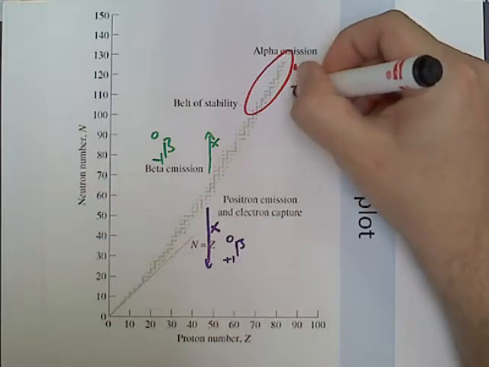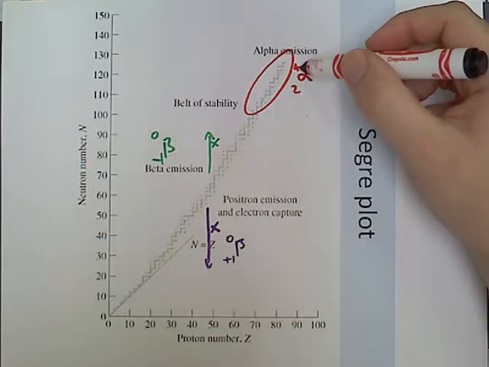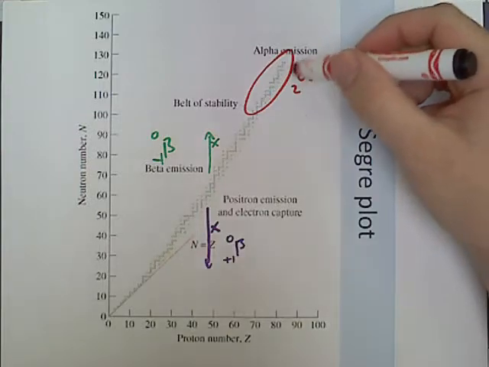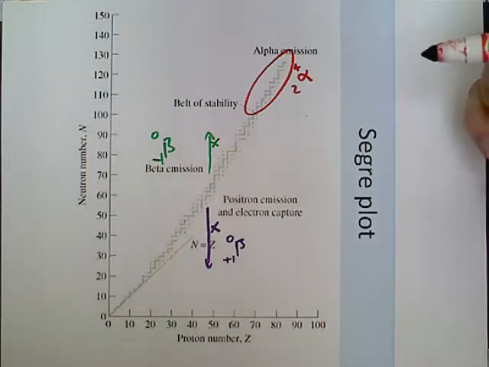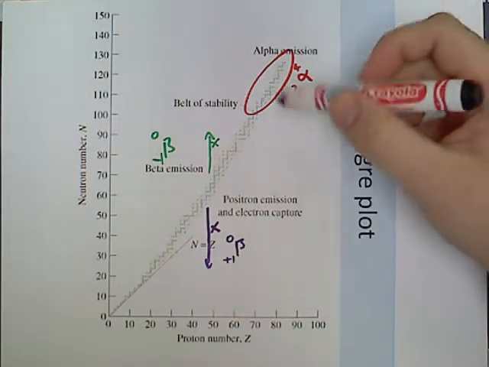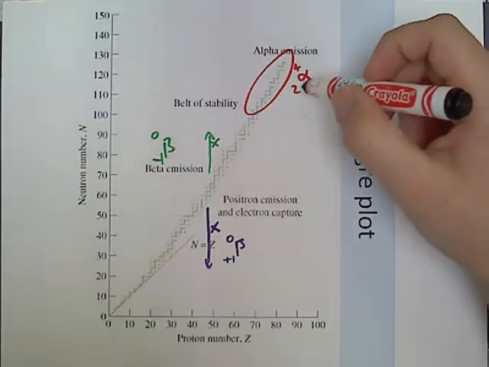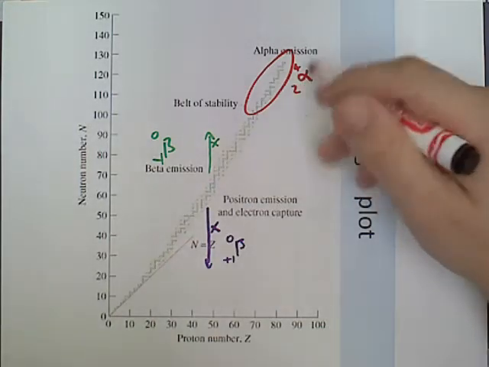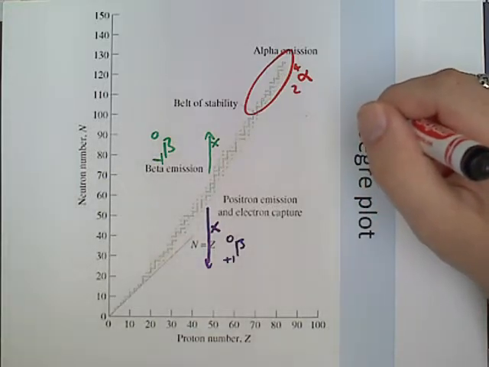And alpha, as we know, is giving off a particle, a helium nucleus, which has a mass number of 4 and a proton number of 2. So this is a very nasty, big, positively charged particle that is being emitted to try and create some sort of realm of stability here.